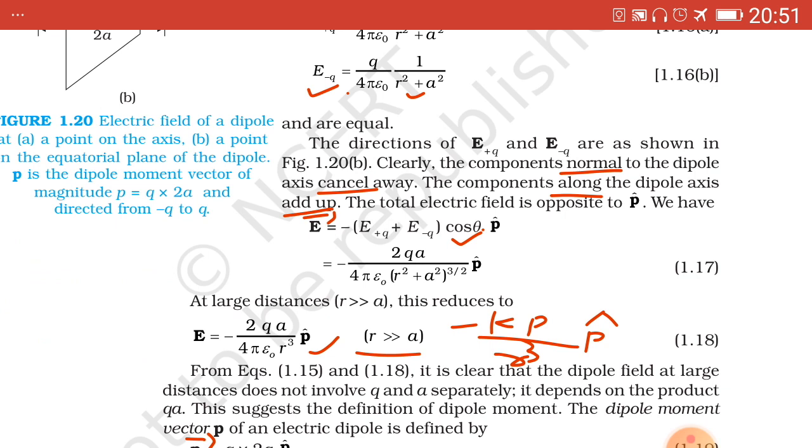We have substituted the values of E plus Q, E minus Q and cos theta.